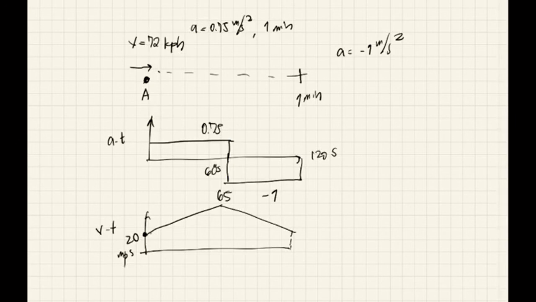Tapos, babawasan natin ng area ng rectangle sa baba ng graph. So, that's 60 seconds times -1. Ilan na ang kanyang velocity? 65 minus 60 times 1. That's 5. So, 5 meters per second na lang ang velocity niya after 2 minutes or after 120 seconds.